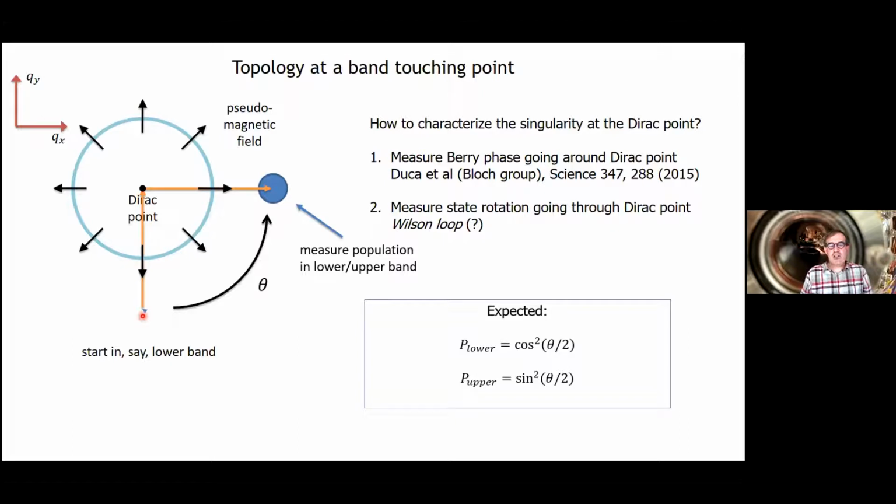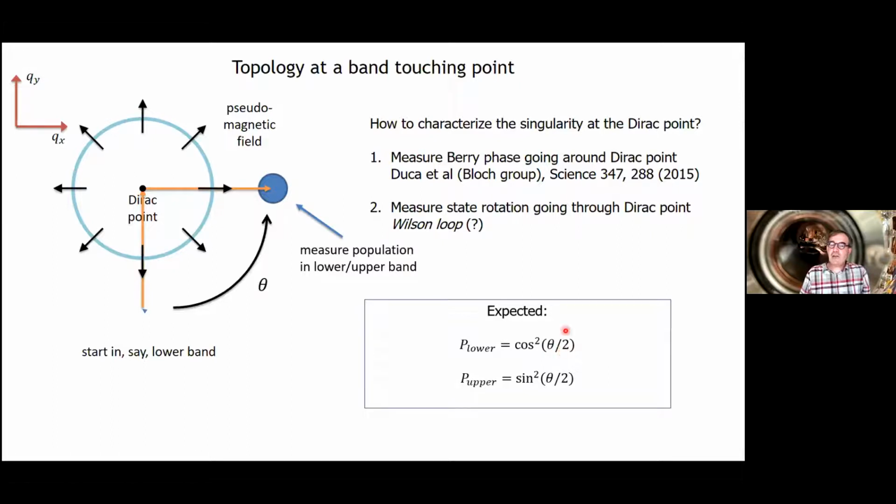In particular, the atoms will be hit by a pulse which rotates their state by a polar angle theta, as a result of which, if we measure the population of atoms in either the lower or the upper band, we'll see a characteristic variation with the rotation angle.